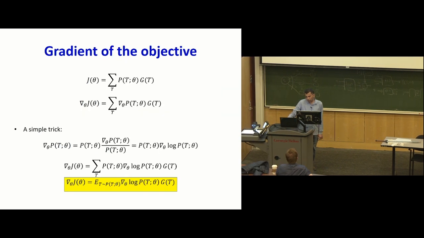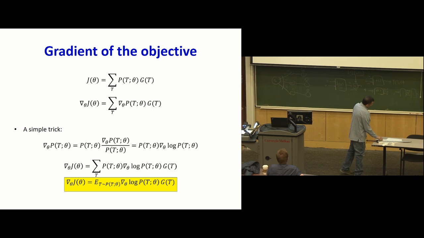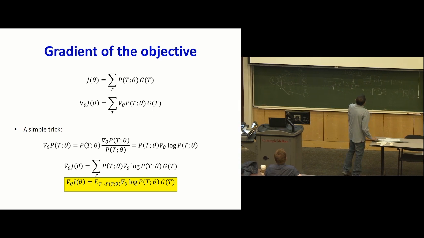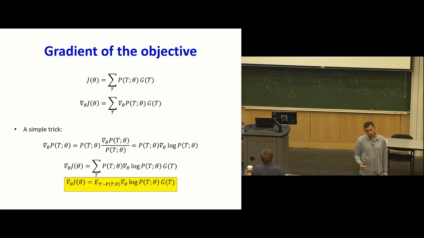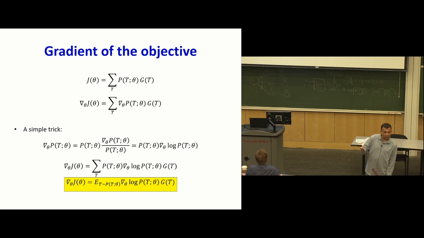So here's what is going to happen. We're going to try to take a derivative of this expectation with respect to theta, but we're going to manipulate things slightly so that instead of having to sum over an exponential number of trajectories and explicitly computing the probability of each of these trajectories, we break things down and convert it to an expectation.